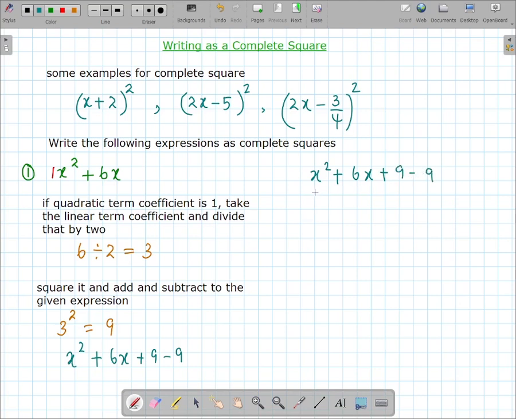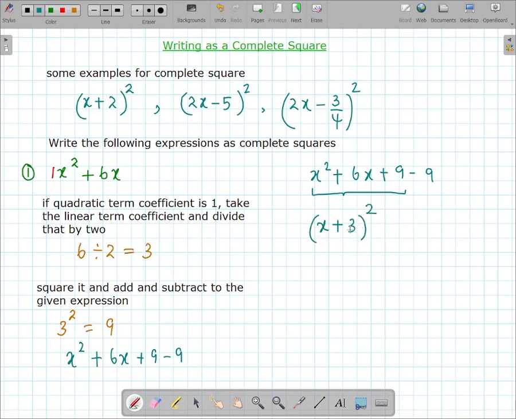Then if you consider these first three terms, this represents a complete square. How do you write it? You take x from here and the linear term sign, that is plus, then the linear term coefficient divided by 2, that is 3, whole thing to the power 2.